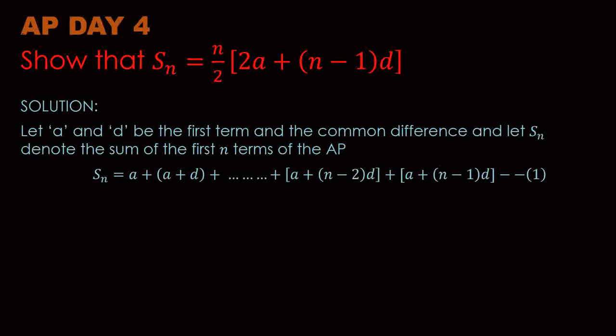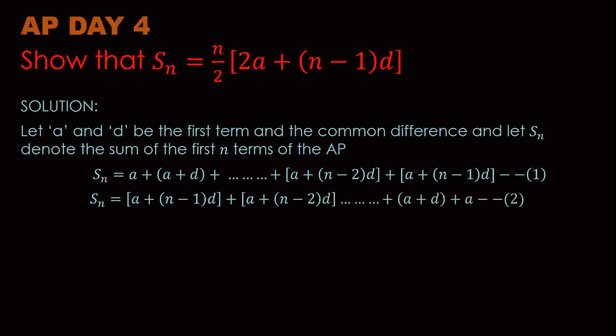So we write Sn equal to a plus (n minus 1)d, plus a plus (n minus 2)d, plus, it will go on, plus a plus d, plus a. Call this equation 2.